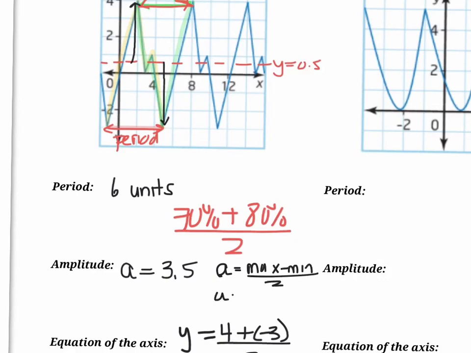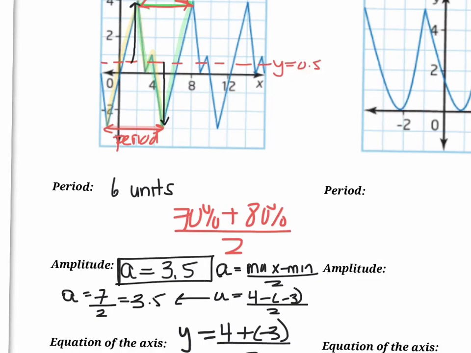So let's see if we get the same thing. The max is 4. The min is -3. Divided by 2. I'm going to finish it off over here. So we have 4 minus -3, so that's going to be 7 divided by 2, which is going to be, guess what, 3.5. We get the same answer. So if you can just figure it out visually, that's fine. If you need the equation, now we have the equation.